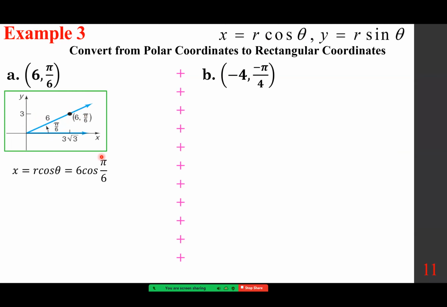As you know, cosine of pi over 6 is a common arc. Cosine of pi over 6 is square root of 3 over 2. That's the answer, 3 square root of 3. So the x is 3 square root of 3.